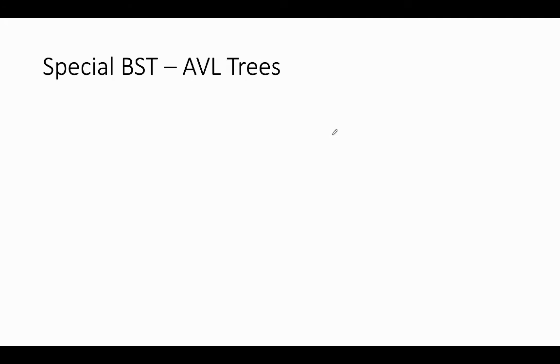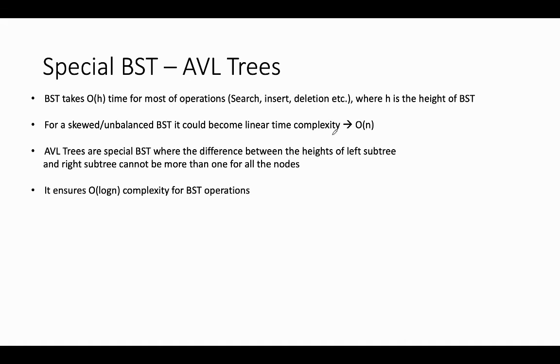Now let's talk about AVL trees. We have seen that a binary search tree takes order of h time for most of its operations, where h is the height of the binary search tree. For a skewed or unbalanced binary search tree, it could become linear time complexity. This is one such unbalanced binary search tree.